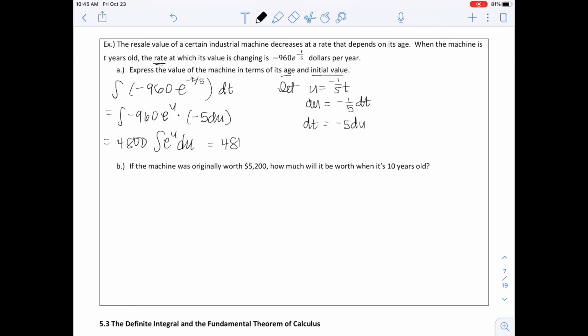So we have 4,800 e to the u plus c. I'm going to back substitute, so we have 4,800 e to the negative t divided by 5 plus c. This is the value of the machine in terms of its age, which is t, and its initial value, which would be our c. Let me rewrite our function a little nicer: value is equal to 4,800 e to the negative t over 5 plus c.